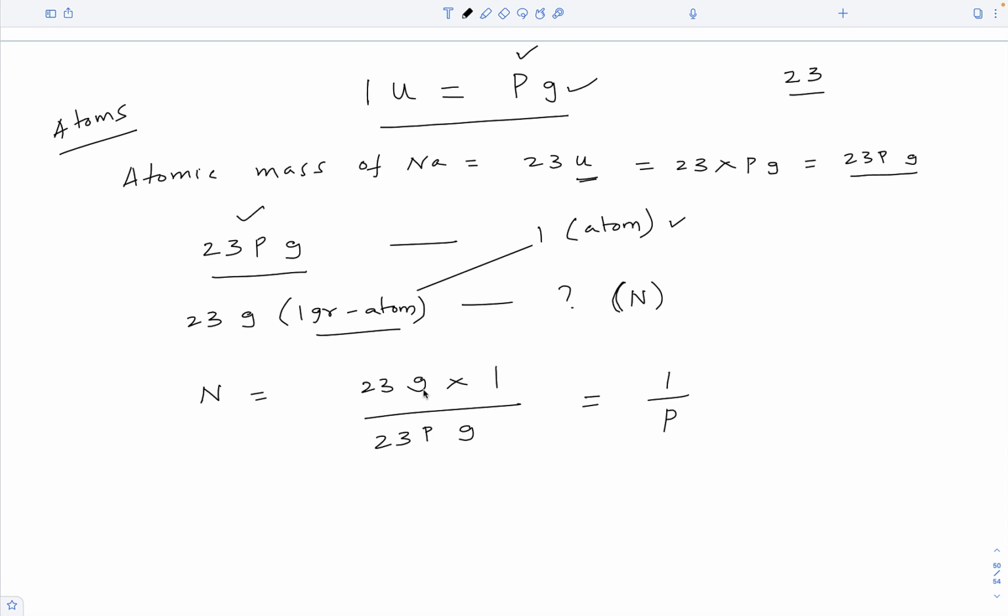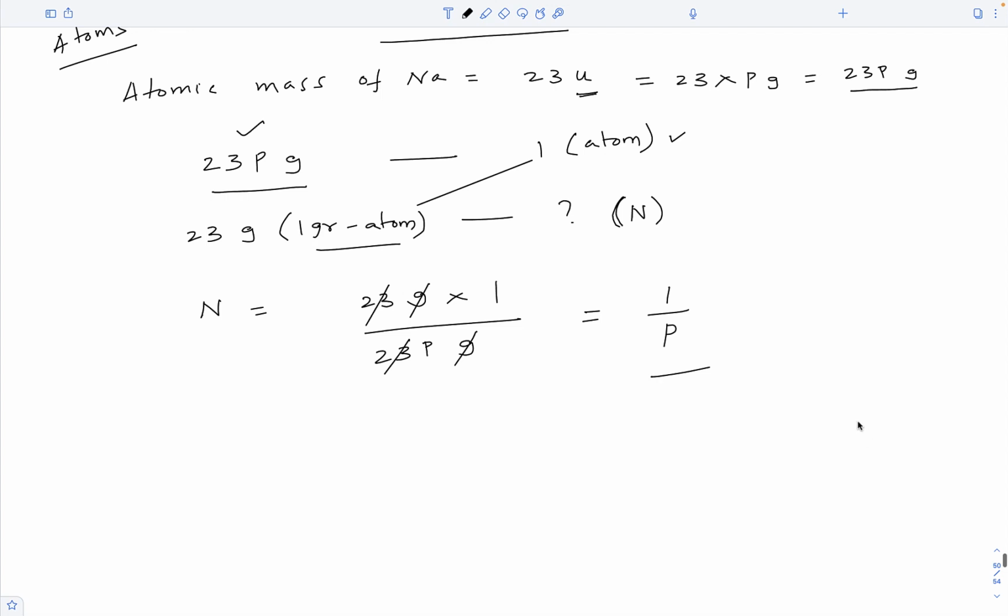It will be 23 grams multiplied by 1 over 23 P grams. These units get cancelled, these numbers get cancelled, and we will be left with 1 over P. So in 1 gram atom of sodium, there are 1 over P sodium atoms. But we already proved that 1 gram atom of all elements contain the same number of atoms.